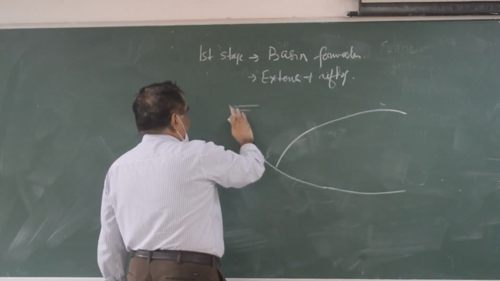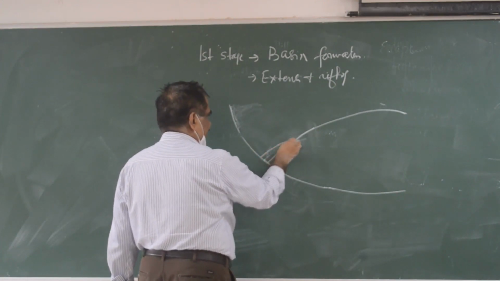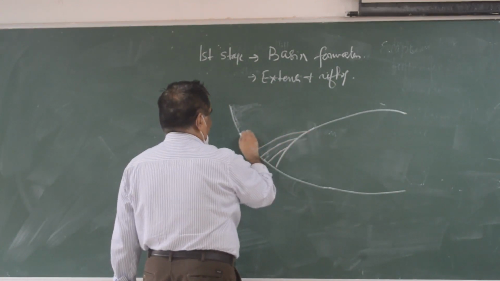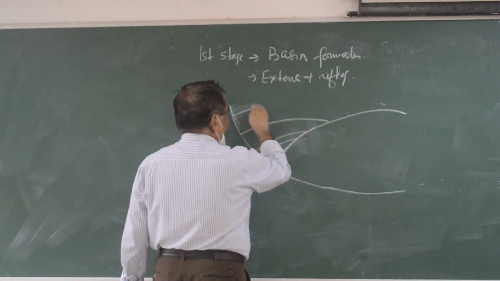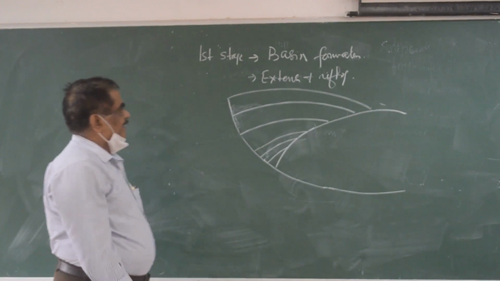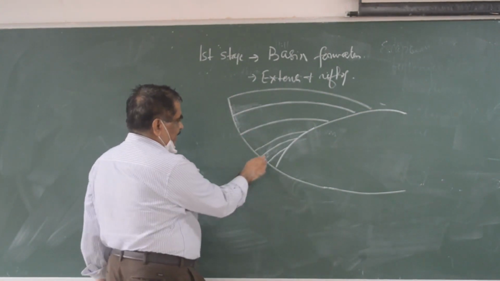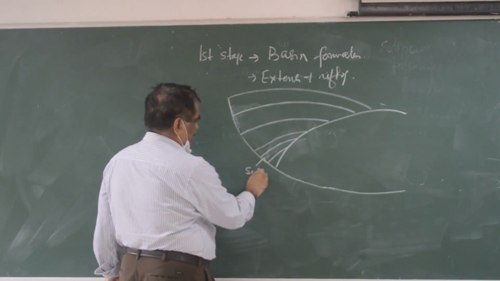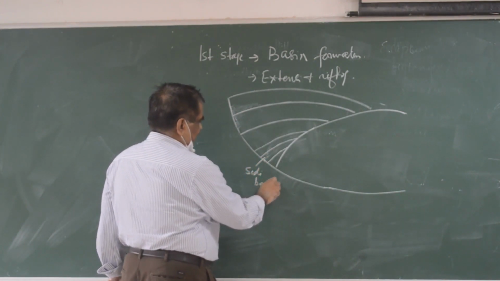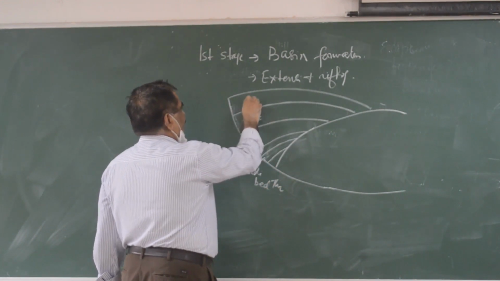So these sediments, these formations, they will be here now. And you see, the next batch of sediments will grow here. So gradually, the sedimentary bed thickness will become more and more. Here it is more.